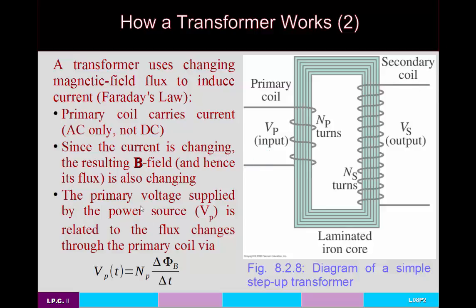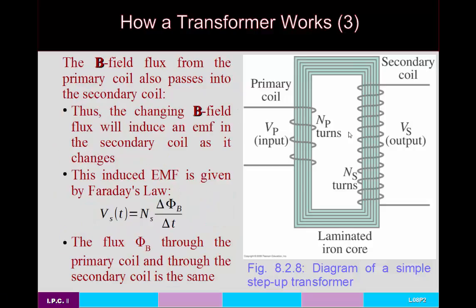The primary voltage is coming from the power source, and it's going to be equal to the number of turns in the primary coil times the change in flux per unit time. So the change in flux per unit time is equal to the voltage from the primary divided by the number of turns from the primary. That'll be the change in flux for the magnetic field per unit time.